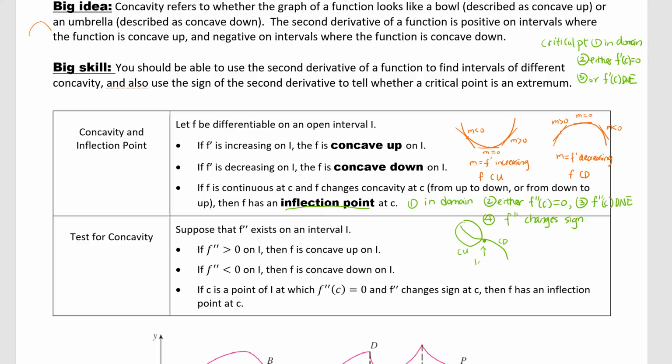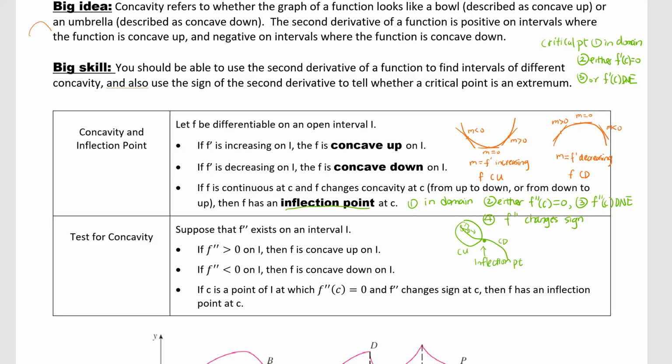So this is an inflection point. You can actually see it turns around, it changes direction. If we have a car moving right here, it is turning to the left, but after this point, it turns to the right. So you can see it's changing direction. That's why it's called an inflection point.